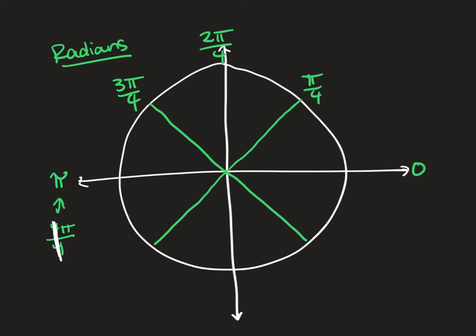But just keep going. 5 pi over 4, 6 pi over 4, etc., etc. Which is really just 2 pi. Same thing works if you're splitting it into 6ths or 8ths or 47ths.